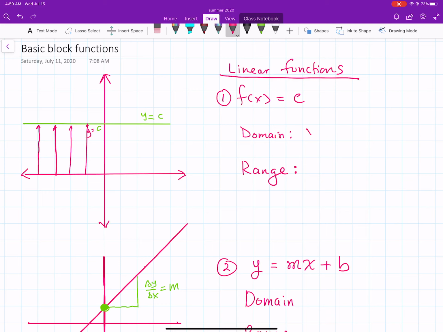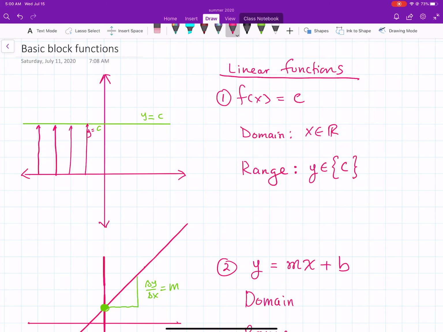So the domain is all reals, but the range is only y is equal to what? y is equal to c. It only has y belonging to just one element, which is what? Which is 3, which is c.